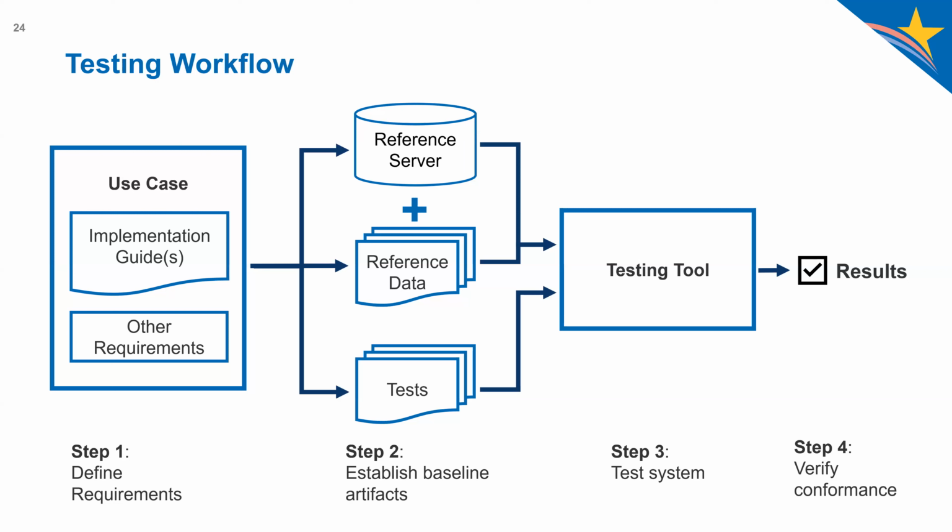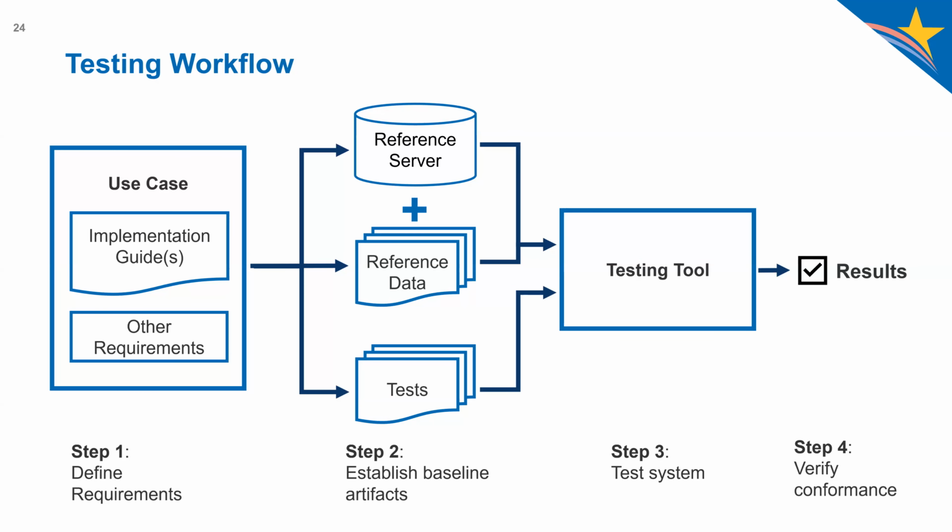All right, so now that we have defined the requirements as part of that step one, next are the conformance artifacts. And these artifacts serve as a benchmark or reference point and include things like first a reference server, which is an implementation of the set requirements that serves as a reference for other systems trying to meet conformance. Second, the reference data, which is data conformant to those requirements and may populate the reference server.